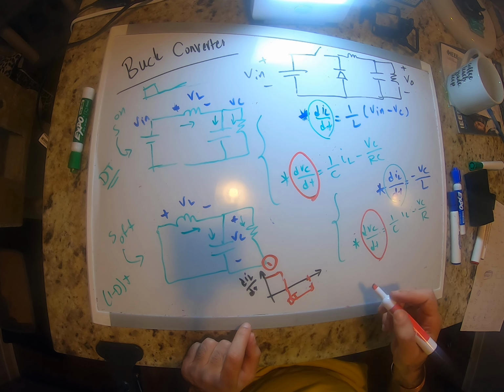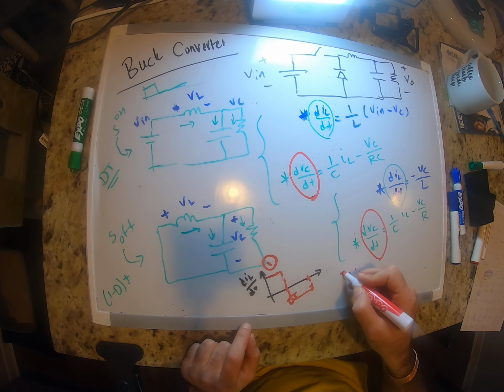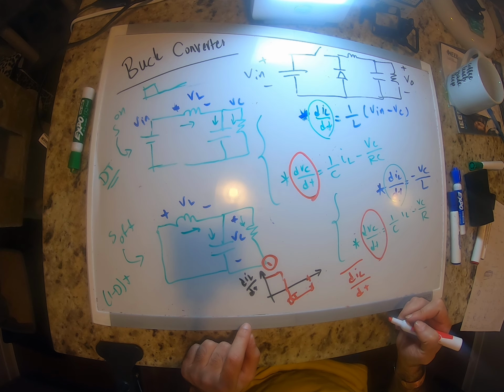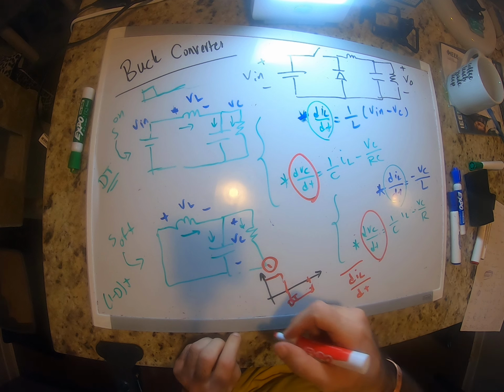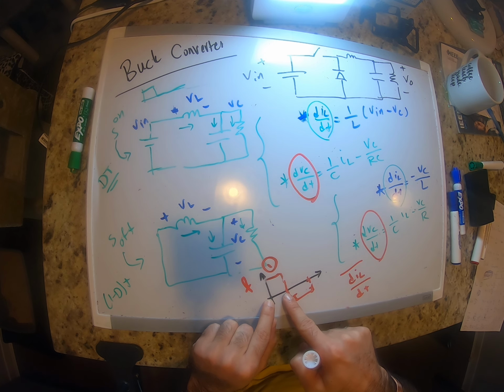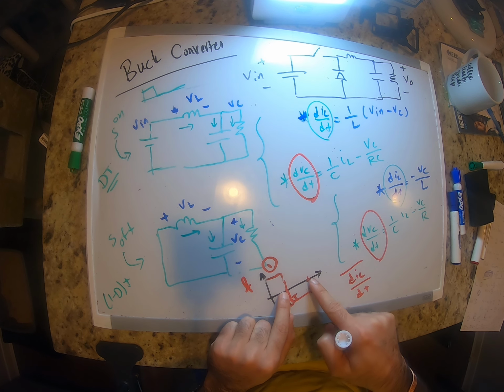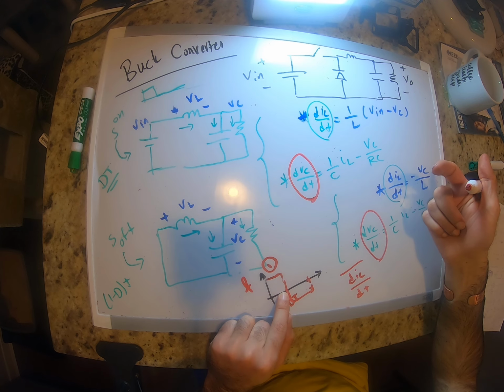So how can I find the average value of dIL over dt? If this was just a function f, how do you find the average? It would be this thing multiplied by dT plus this thing multiplied by 1 minus d T. We're going to do exactly the same thing.